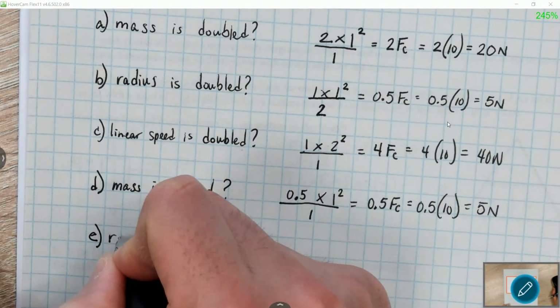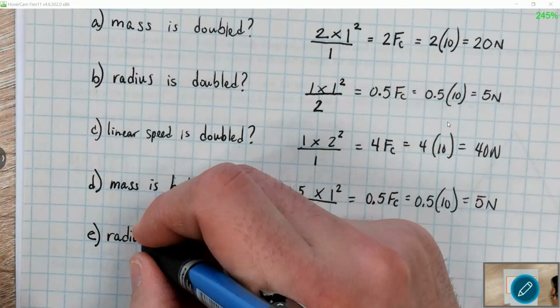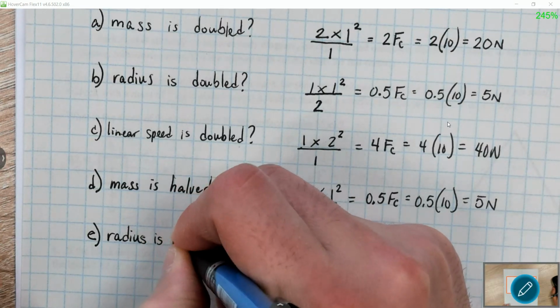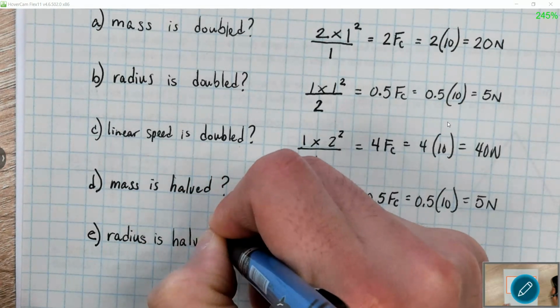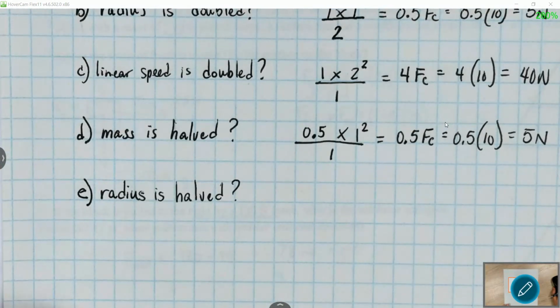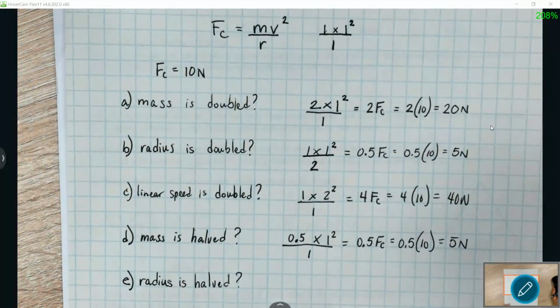What about if we change the radius, if that is halved? Someone tell me, what number am I changing? Because we've got 1, 1, and 1.